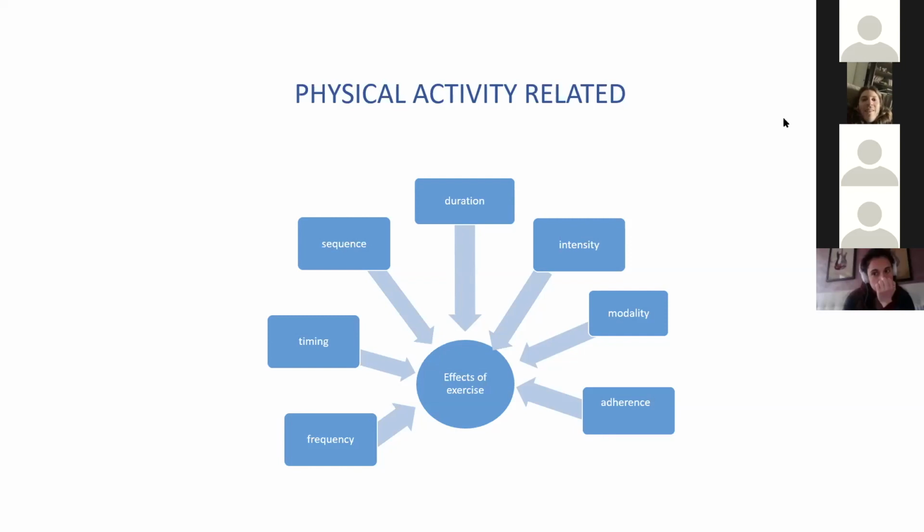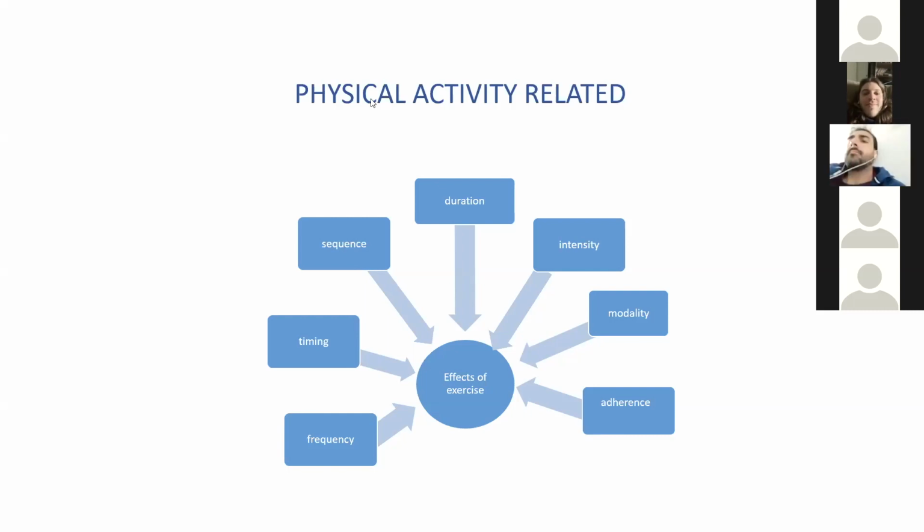Thank you, guys. So for the sequence, you have to know what you're actually doing. So you need to know what aerobic means and what resistance training means. Knowing that, doing resistance training, so weightlifting, for example, before aerobics can make a big difference in your effects.